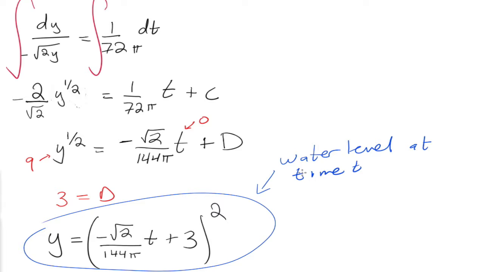What am I assuming in this case? This is a particular solution, because I'm assuming that at time 0 the water level is 9 feet, so a full tank. So if I plug in any value for t, this should give me the water level at that particular point in time.